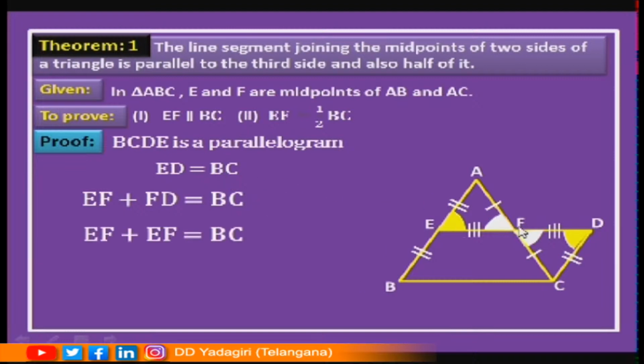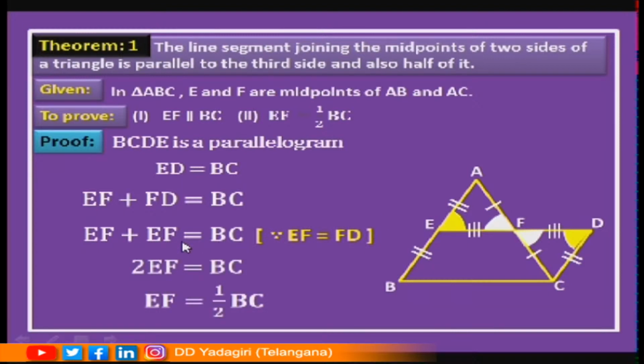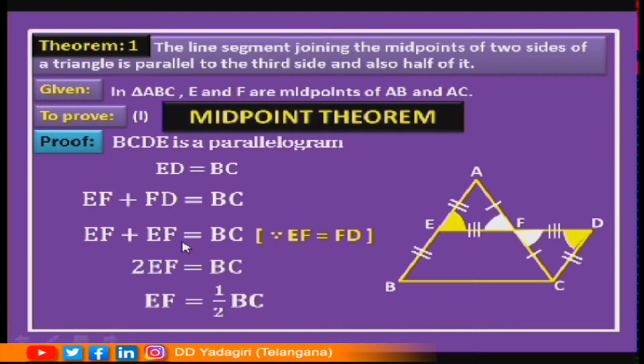Just now we have seen EF and FD both are equal. That means, in place of FD, I can write EF. So, 2EF is BC. Therefore, EF is half of BC. So, this theorem we call the midpoint theorem. Got it children? So, children, you have understood what a midpoint theorem is and its proof also.